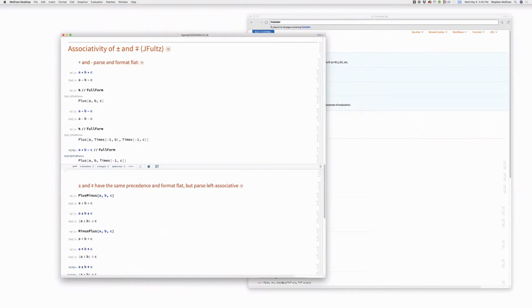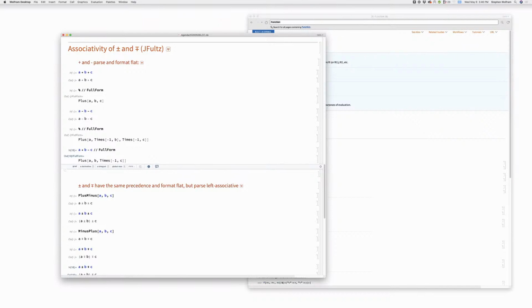In a very weird way. Right. And the front end considers it flat. There is no associativity there as far as the front end is concerned. That's a flat row box. Right. So what would be involved in making plus minus and minus plus fully mutually flat?